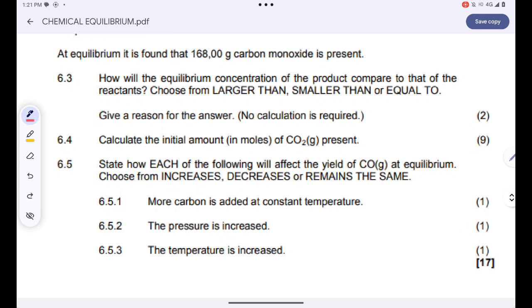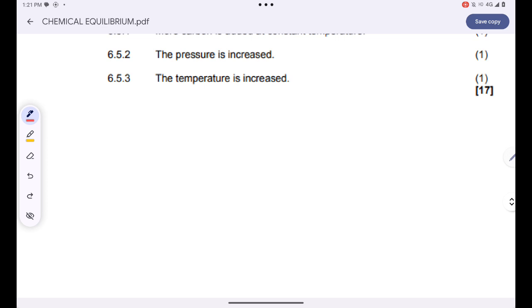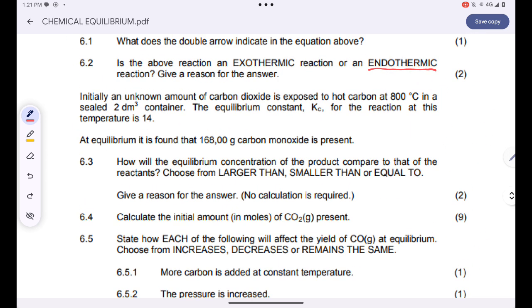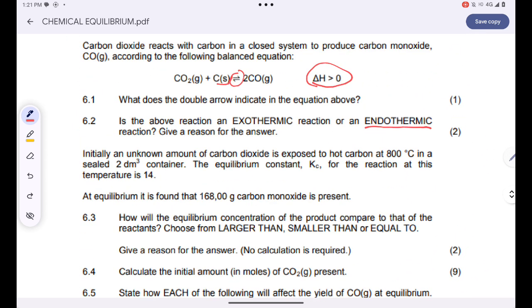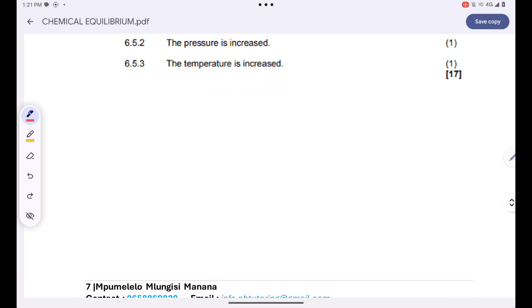They want us to calculate the amount in moles of carbon dioxide, the initial amount of carbon dioxide. Please note that, guys, whenever we deal with the equilibrium constant, we do not consider solids. We disregard them. Solids and liquids are not included. We only include gases and substances which are in aqueous solution. So I'll simply say I have carbon dioxide, and I also have carbon monoxide.